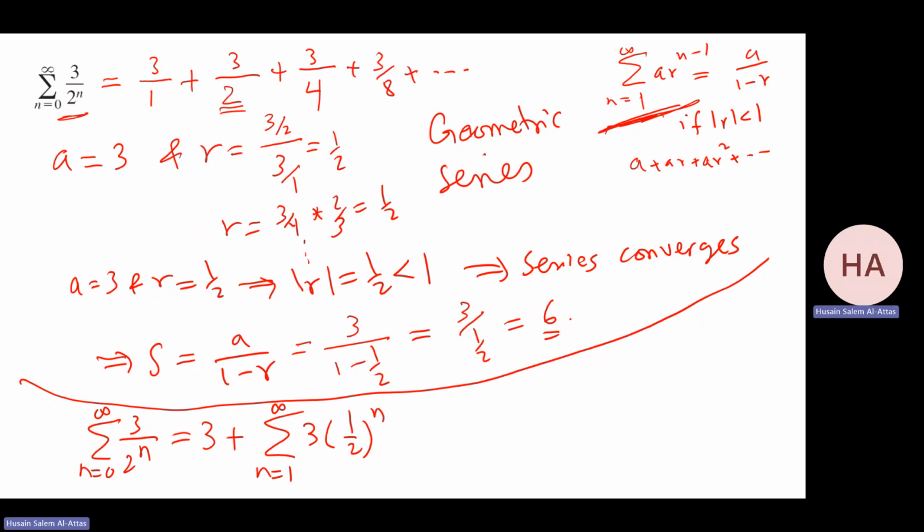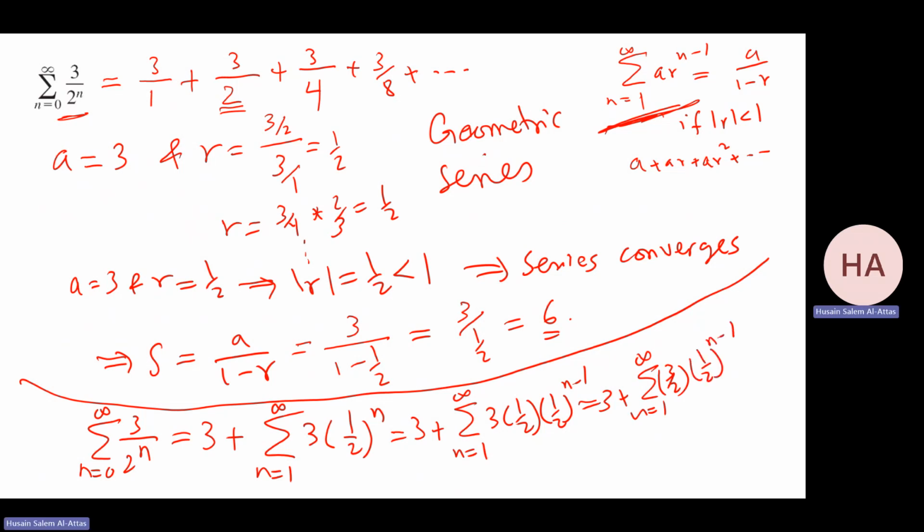Is it in the first format? Not yet. I want n minus 1. So that is 3 plus summation n equals 1 to infinity, 3 over 2 times half to the power n minus 1. Now we need to be careful.